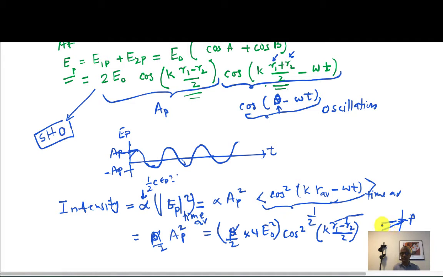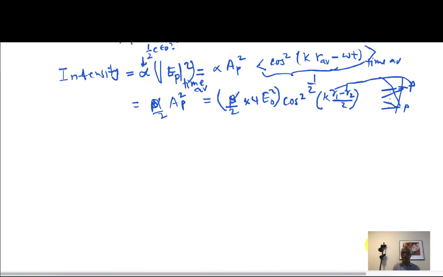They will change, R1, R2. So this will depend on where the P is located. So this intensity is going to vary on the screen, and in a very nice way. So let's look at it a little bit closely.